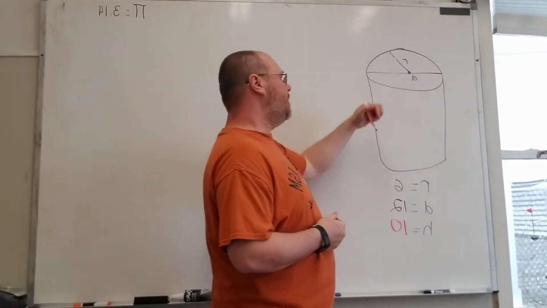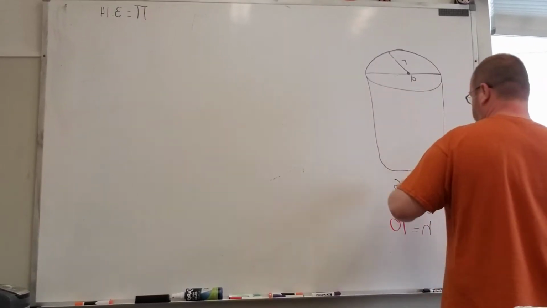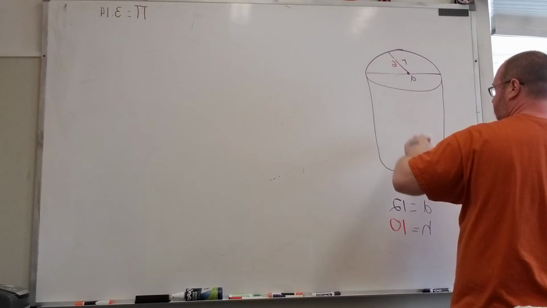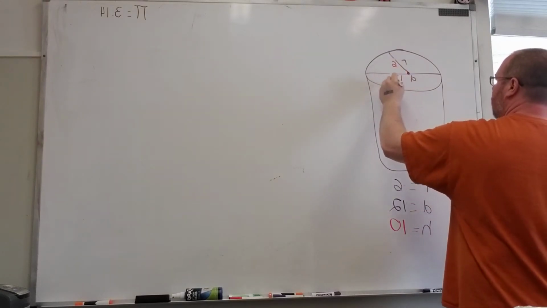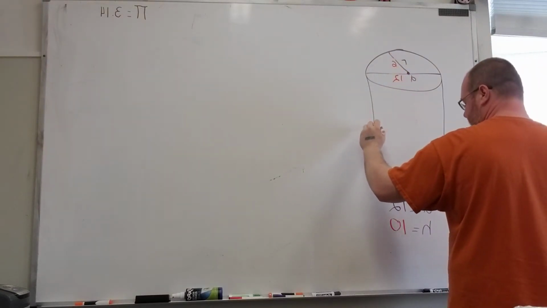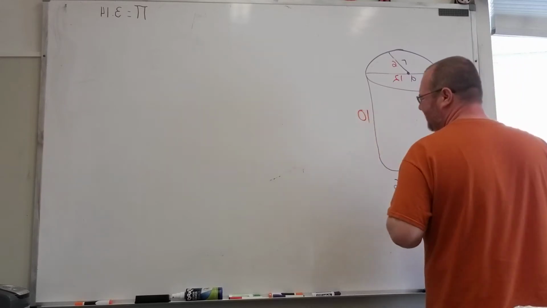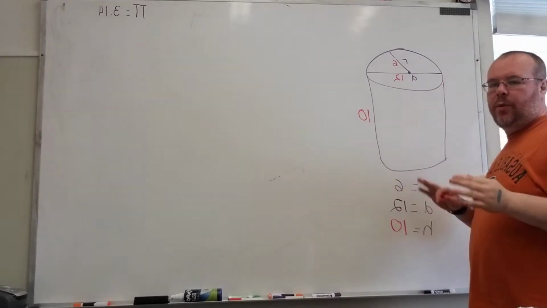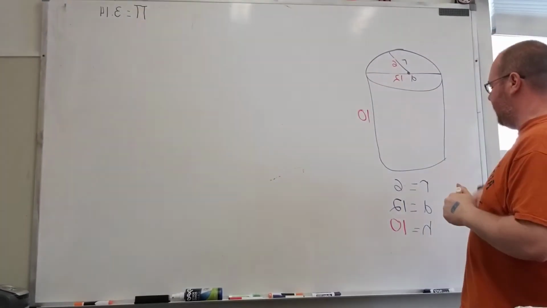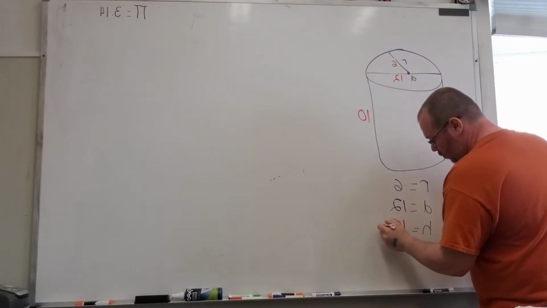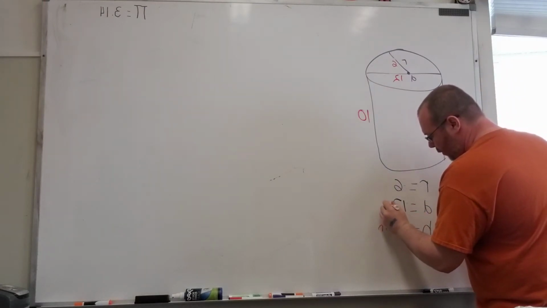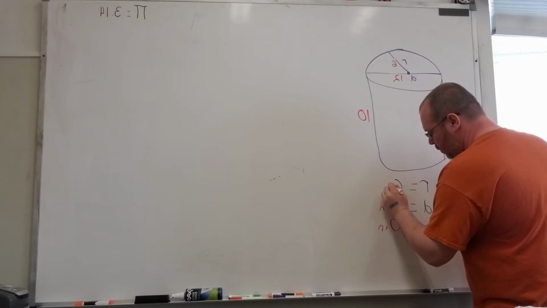So now I'm just going to label my cylinder. The radius is 6, the diameter is 12, and the height is 10. Let's add some labels here. We did units on the last one. Let's say this is inches. A couple of different ways to write inches.